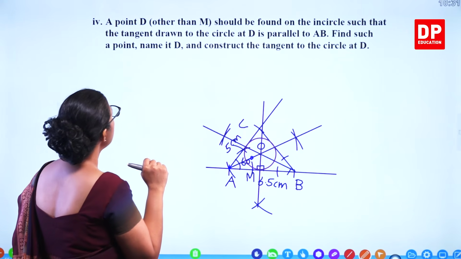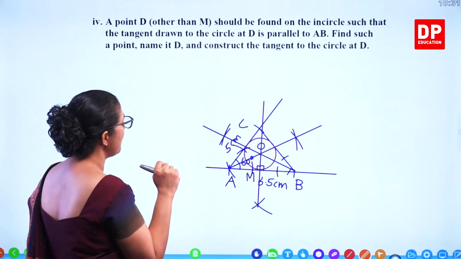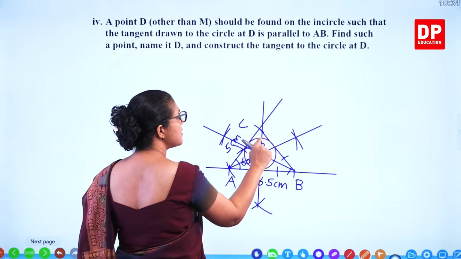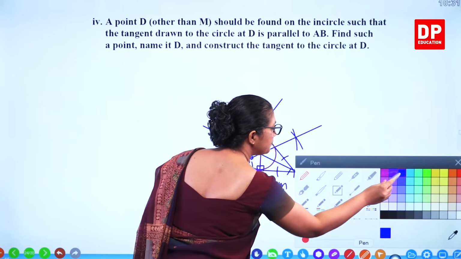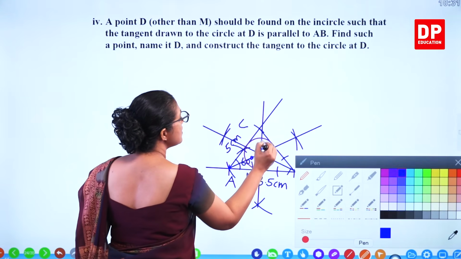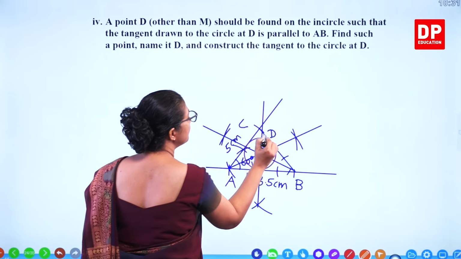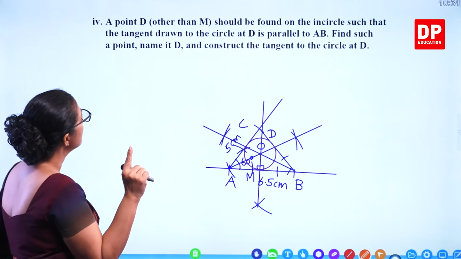Find such a point, name it D, and construct the tangent to the circle at D. So this line is perpendicular to this one. That means this should be the D point. So this is the angle perpendicular bisector. So this is D.